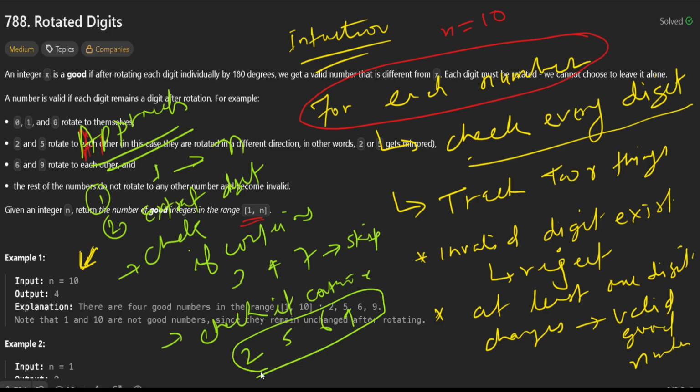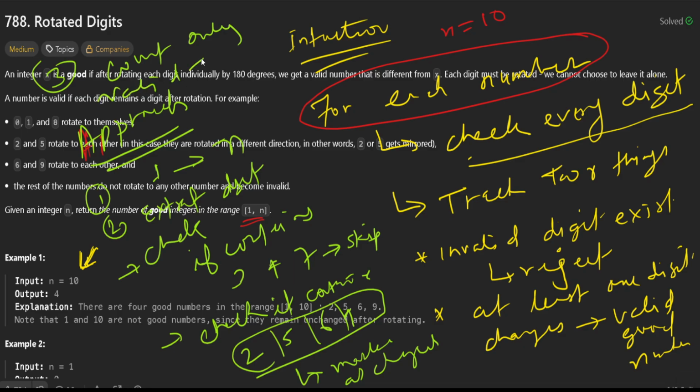If any of these numbers are there, we'll mark this as a change. And we'll count all the valid ones in the third step. What you will do is count only valid plus changed. This we will do, and our job will be completed.